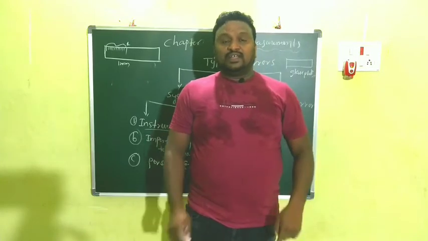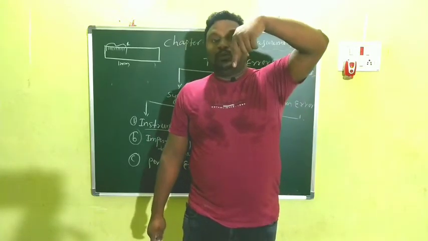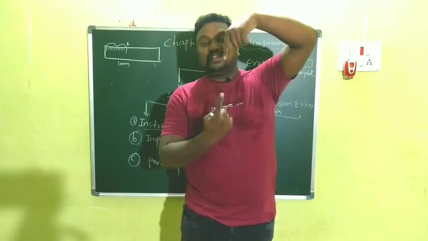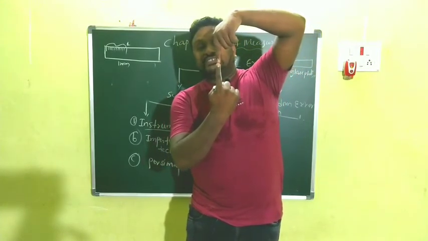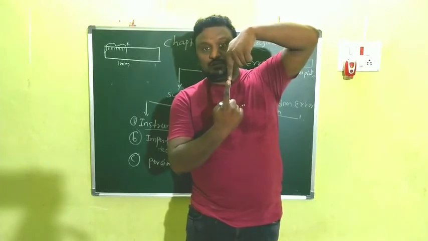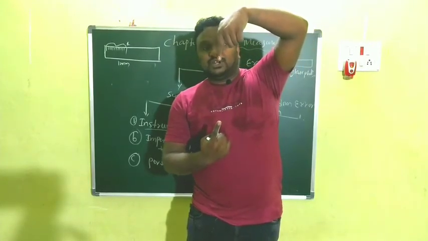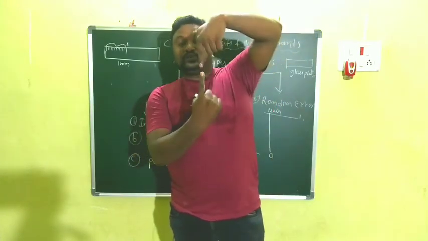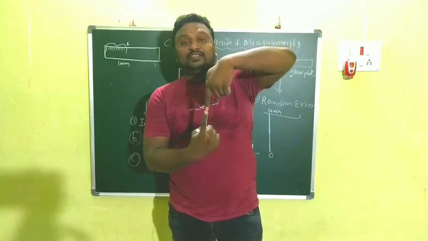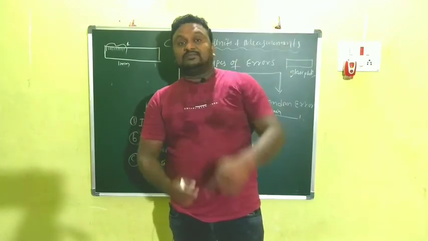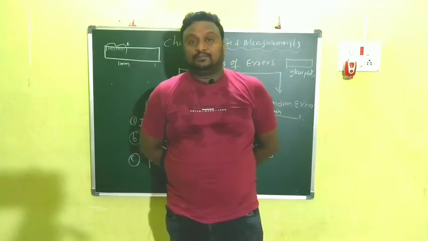This is the zero division of the main scale and this is the zero division of the vernier scale. If both coincide like this, there is no error in the instrument. If they do not coincide, then the error is there.